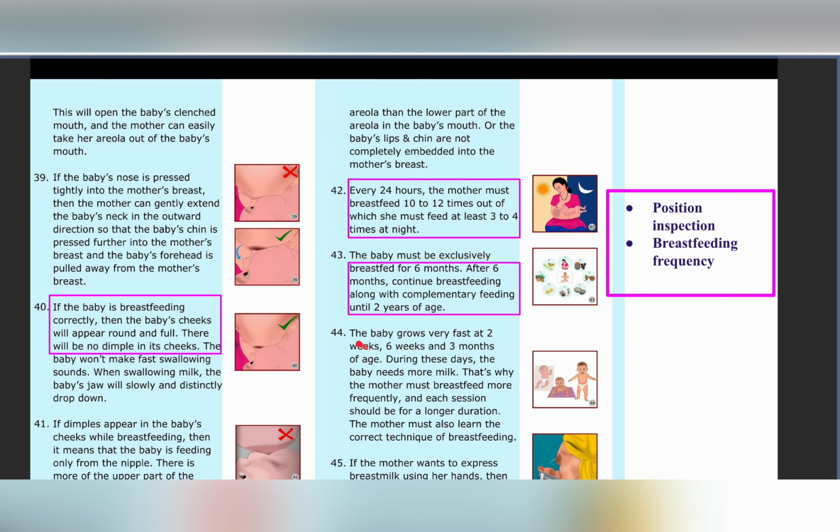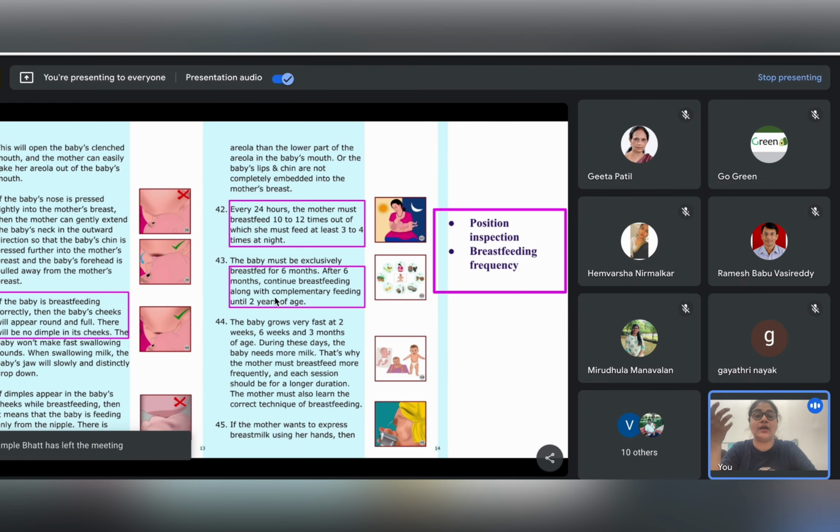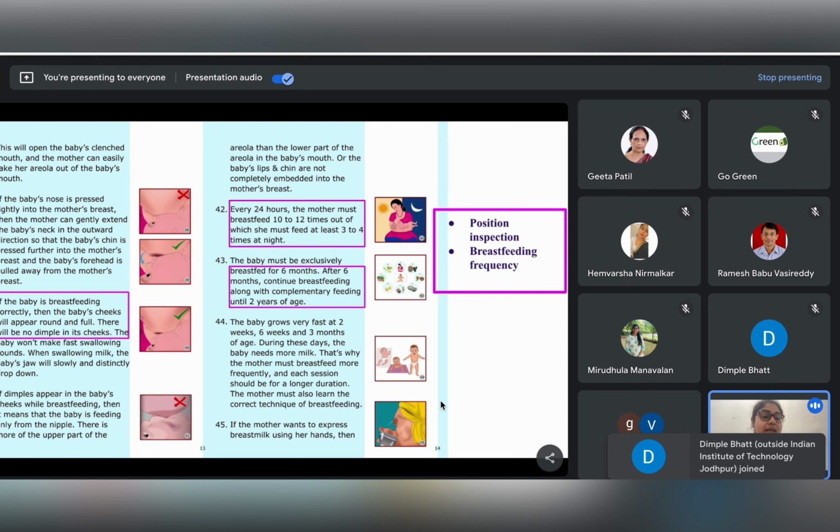Point number 44, as we can see: we have discussed the growth spurts in babies, right? In the previous problem solving sessions, we discussed the different growth spurts. We have also discussed adolescent nutrition. So why do these specific ages require more nutrition?